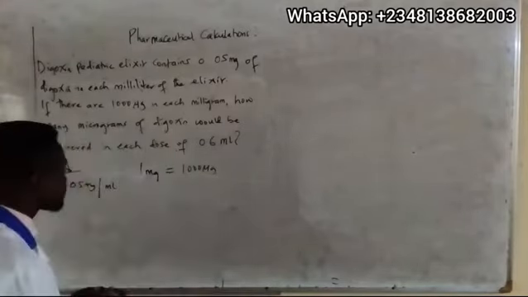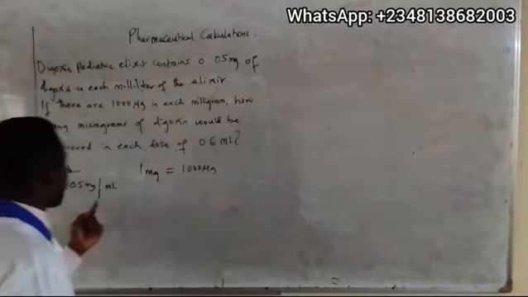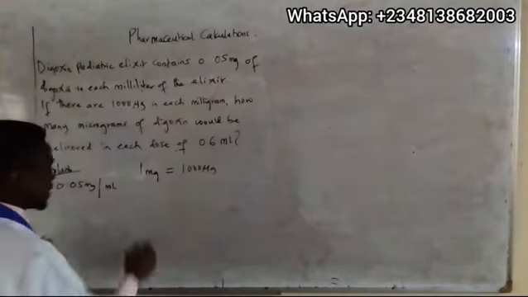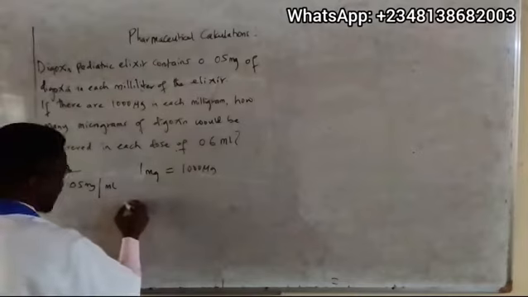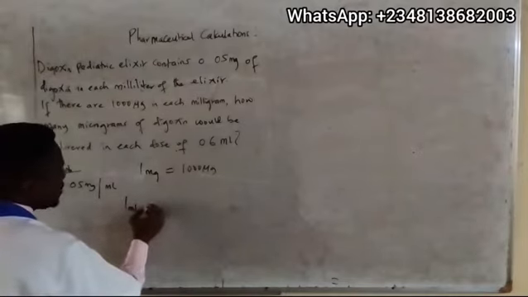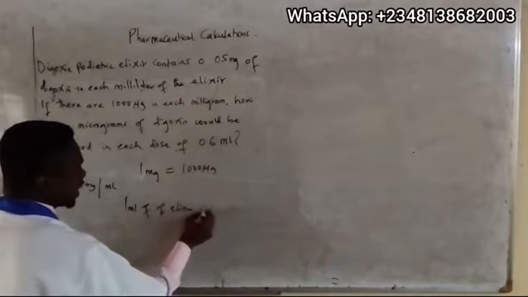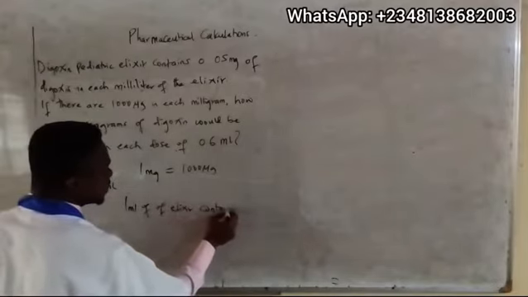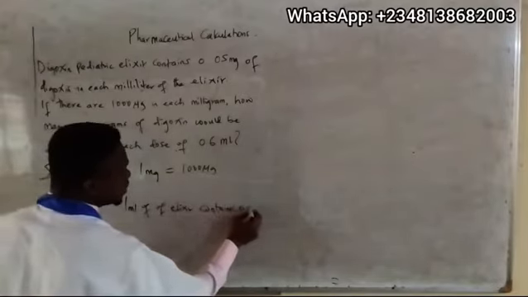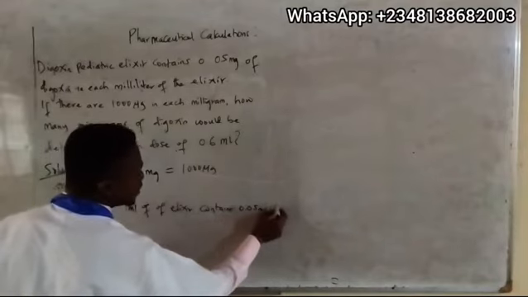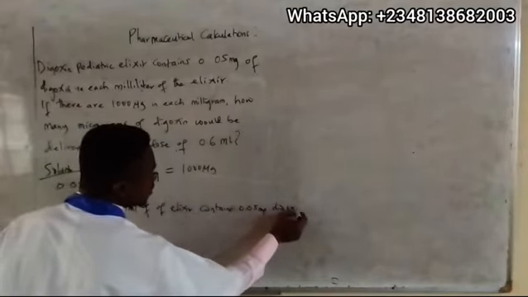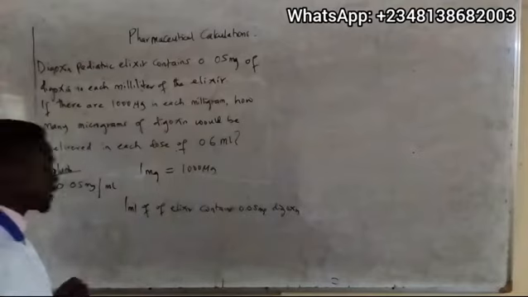Now let's go. We have already established that 1 ml of the elixir contains 0.05 milligram of digoxin.